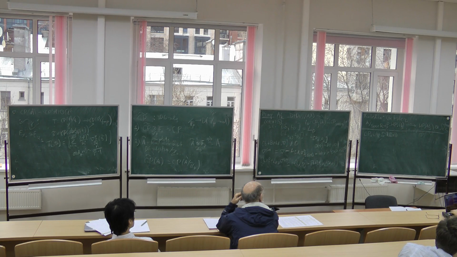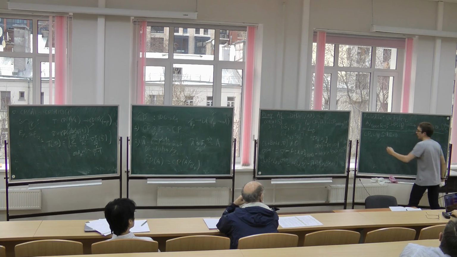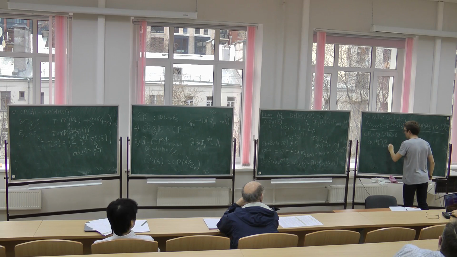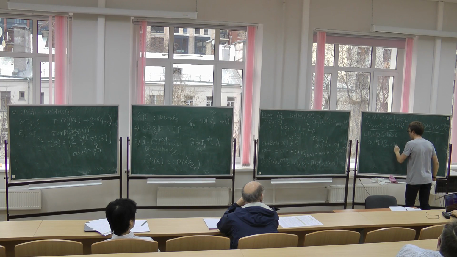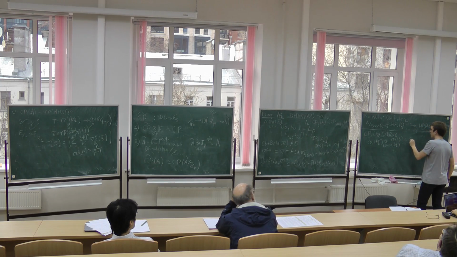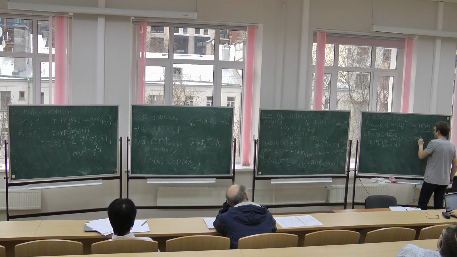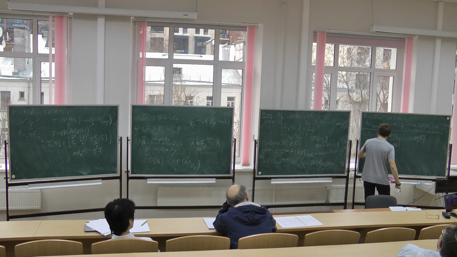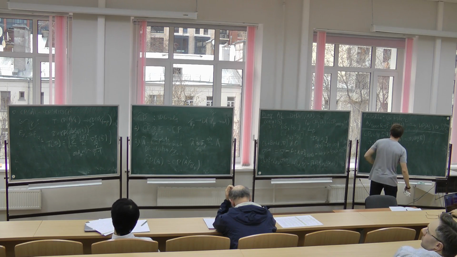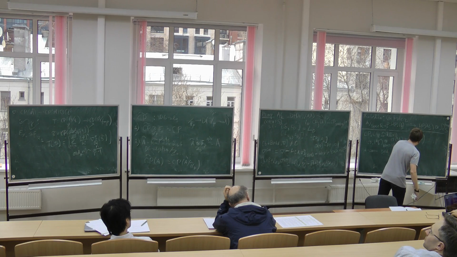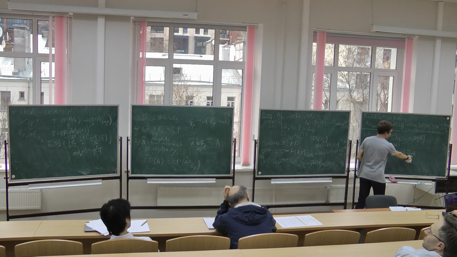And I have a unit formula that CP of A tensor K of U, which is just CP of K over K itself, tensor CP of K over K, is isomorphic to CP of the identical. But now, if my A is commutative, then I have a multiplication map from A tensor A to A, which is a map of algebras.